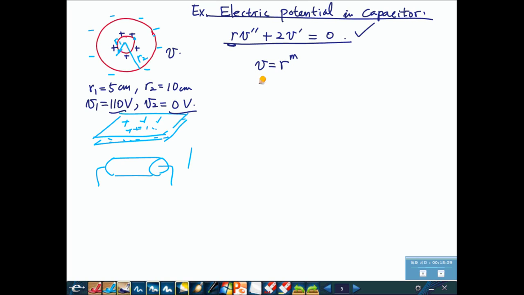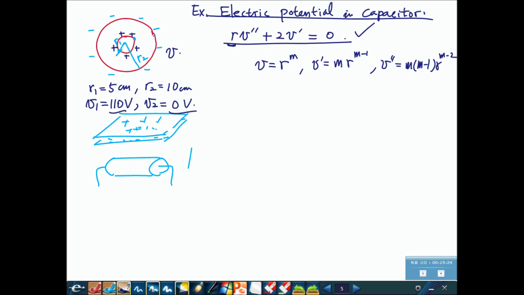So our Y has to be V, our X has to be R, and our characteristic equation variable is M. You get it? So V prime is M times R to the M minus 1, and V double prime is M times M minus 1, R to the M minus 2.